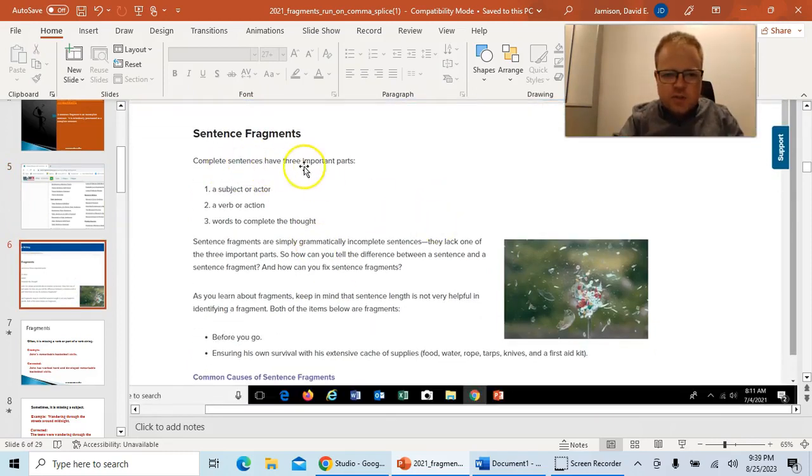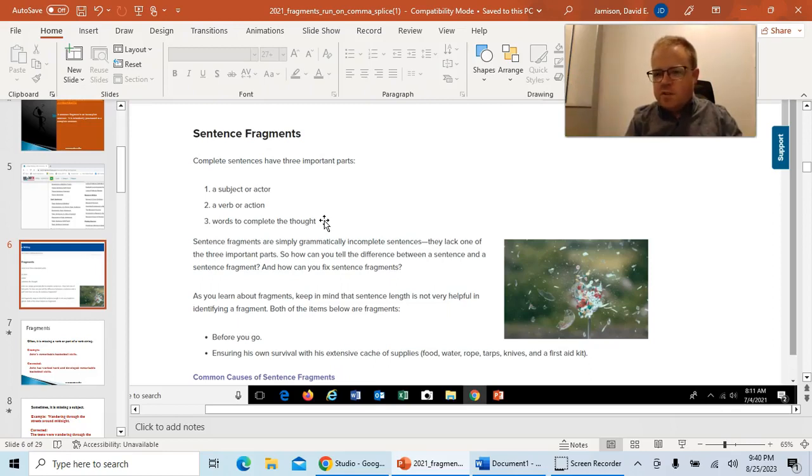Complete sentences have 3 important parts: a subject or actor, a verb or action, and words to complete the thought.